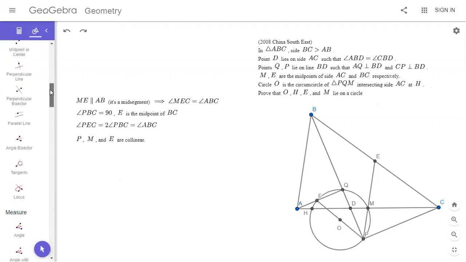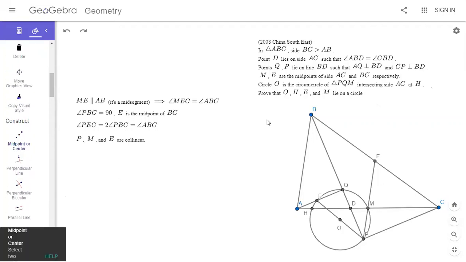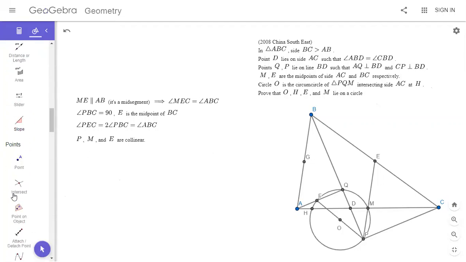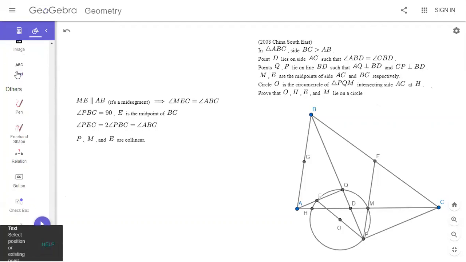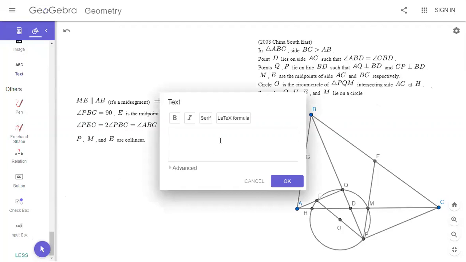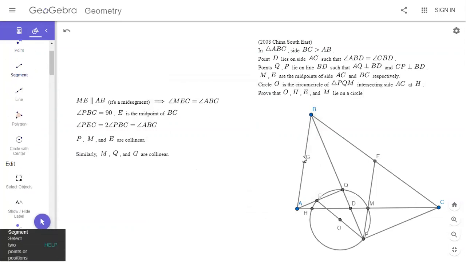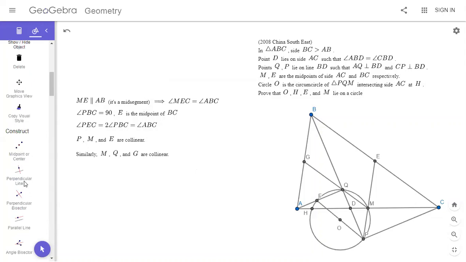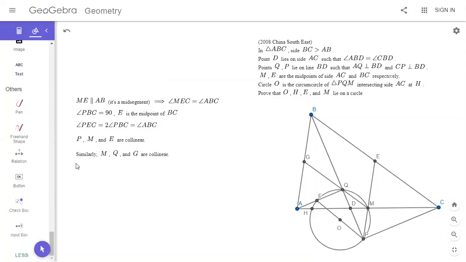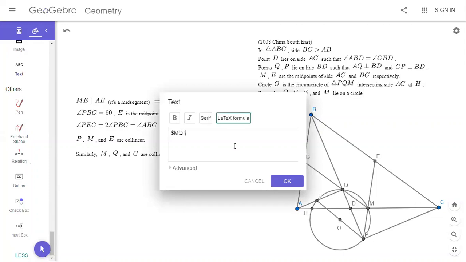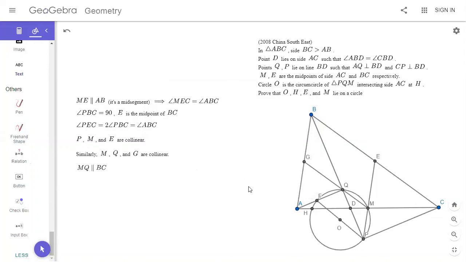So let's see. Okay, so MQ is parallel to BC. And then how does that finish it?